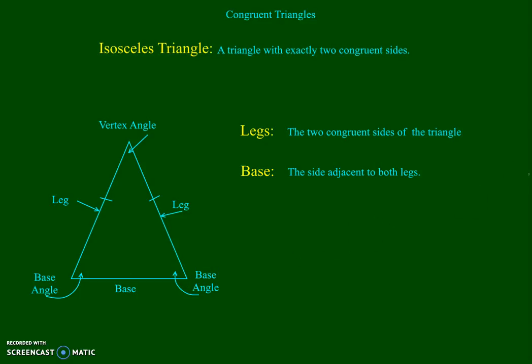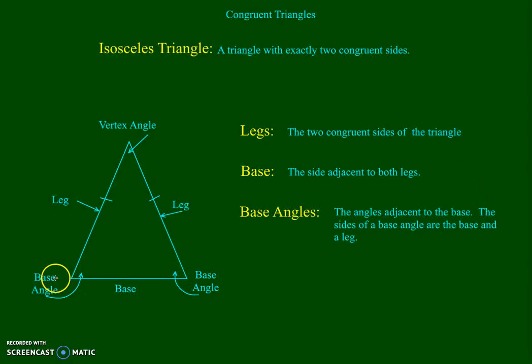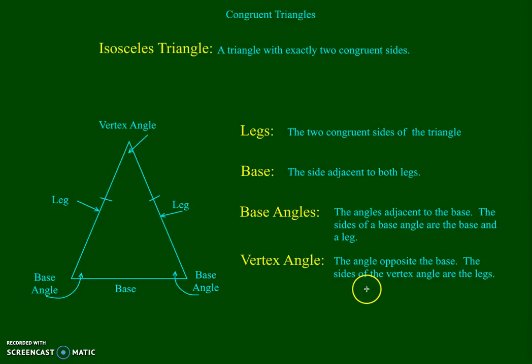The two angles that are adjacent to the base are called base angles. So it's the angles adjacent to the base. The sides of the base angles are a leg and the base of the isosceles triangle. And lastly, we have something called the vertex angle. The vertex angle is the angle opposite the base.